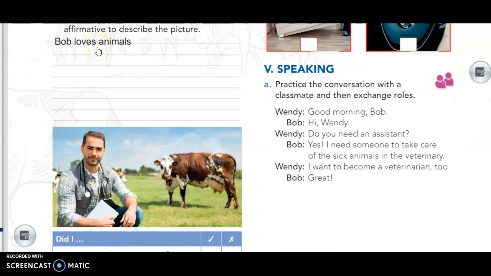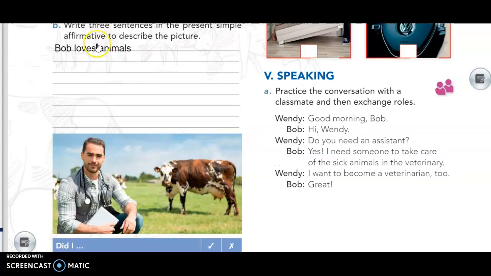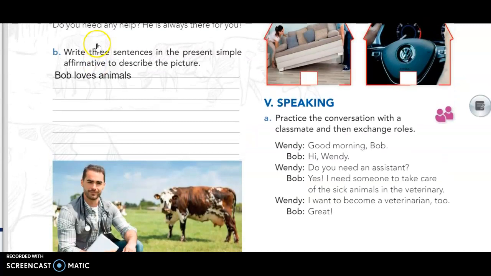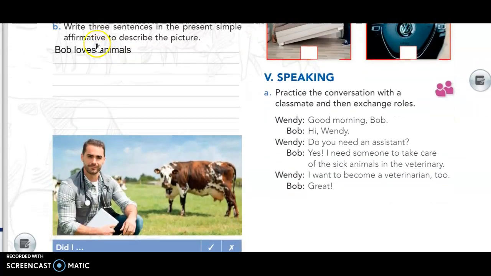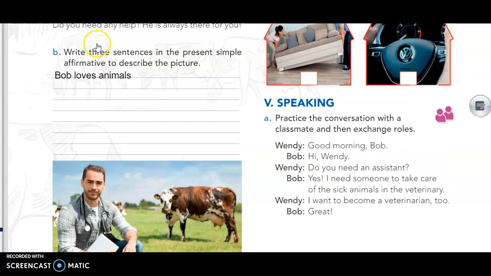Yo les voy a ayudar con uno. Y aquí vemos a Bob y vemos animales atrás. Bob loves animals. That's my description or my sentence. Bob ama a los animales. ¿Cuáles son las otras dos que vas a agregar?